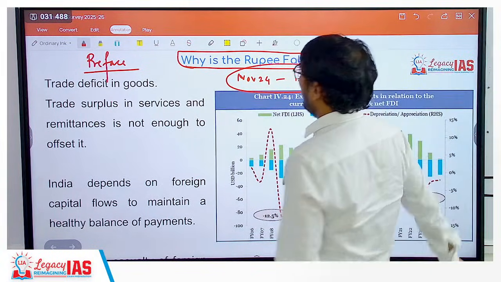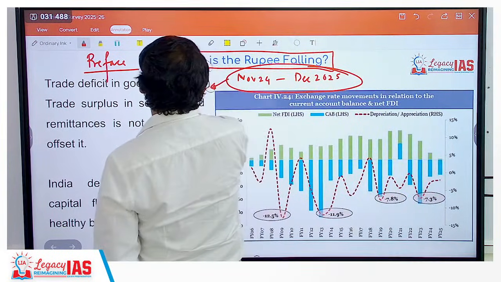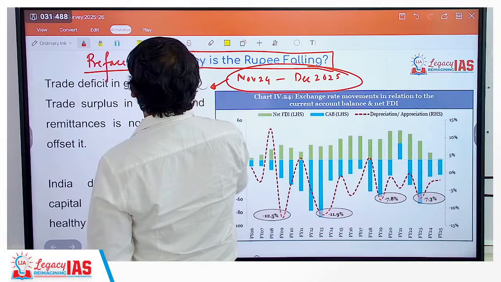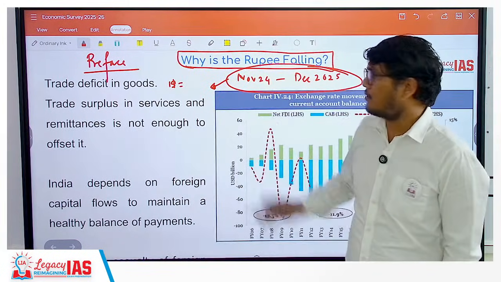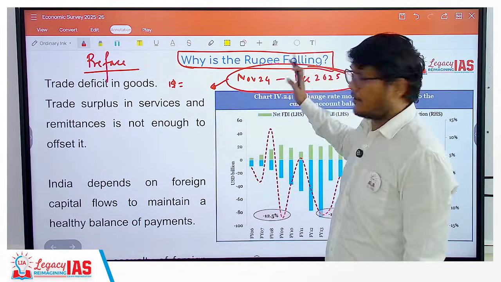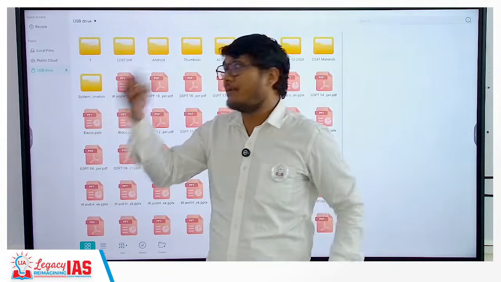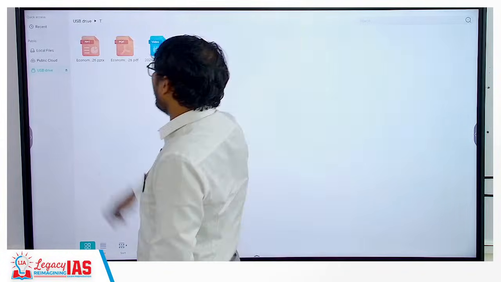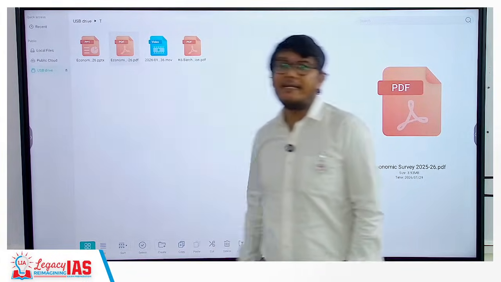During this period, what has happened to the Indian rupee is, Indian rupee here was around $1 was equal to around 84.5 rupees per dollar. However, in the next 13 months, the dollar appreciated and the rupee depreciated, right? And the dollar crossed 90 rupee mark.